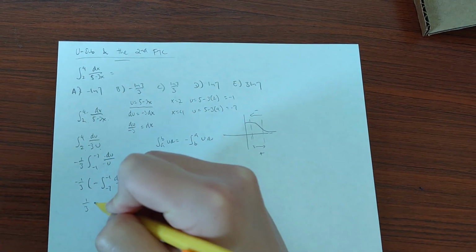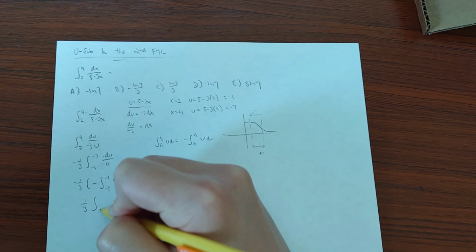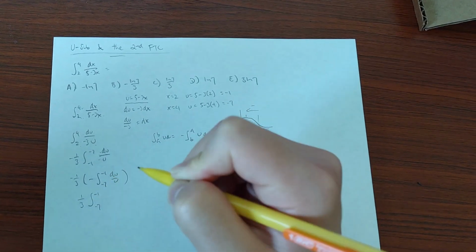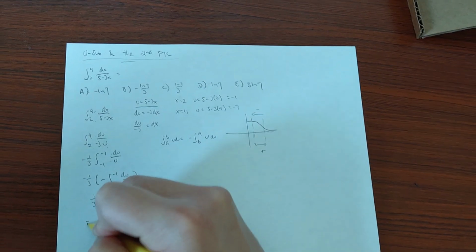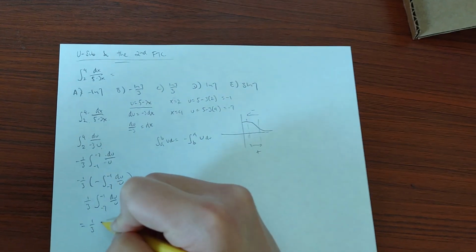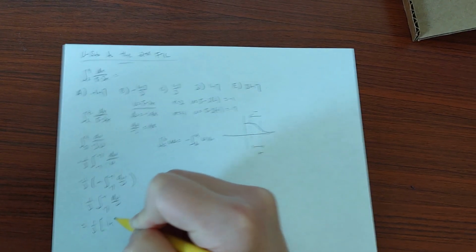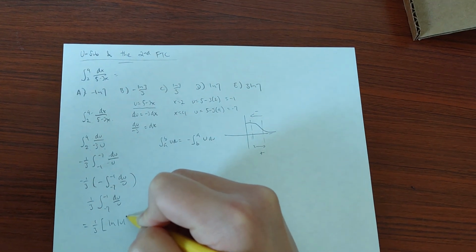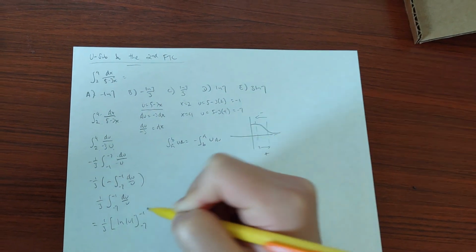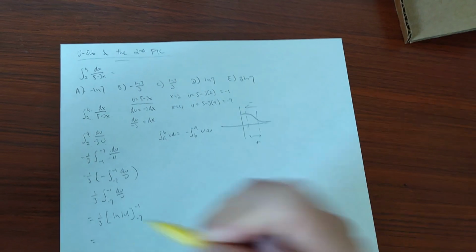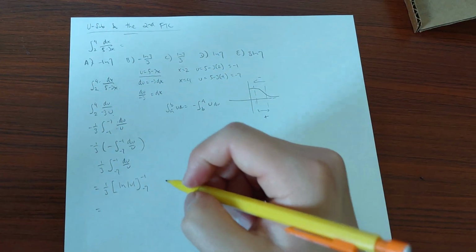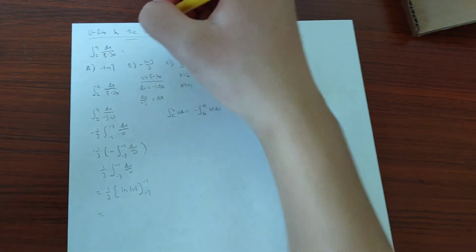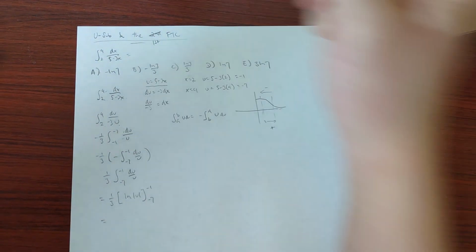What you're left with is 1/3 of the integral from negative 7 to negative 1 of 1 over u du. When we take the integration of this, it will be ln of the absolute value of u from negative 7 to negative 1. And this is where the second fundamental theorem of calculus comes in, where, actually no, I think this is just the first fundamental theorem of calculus, never mind.